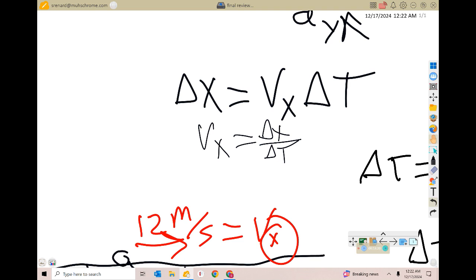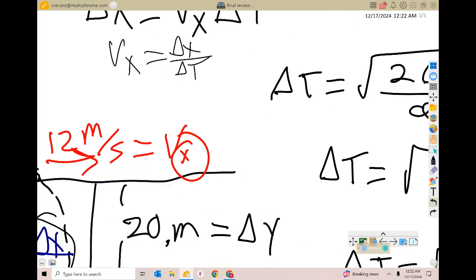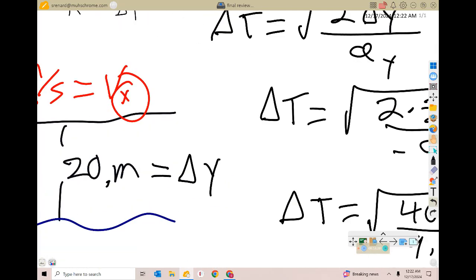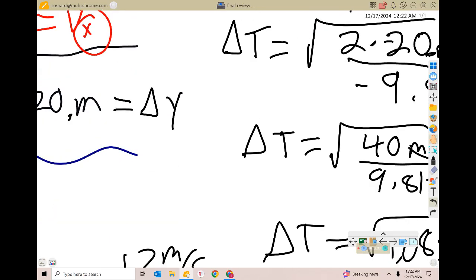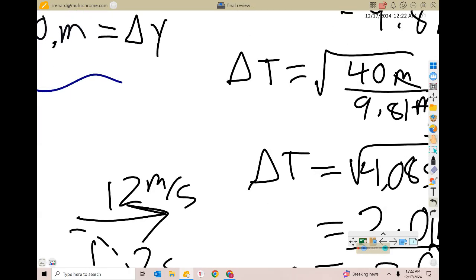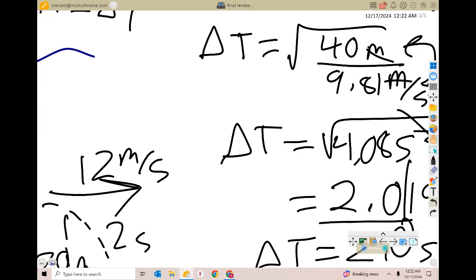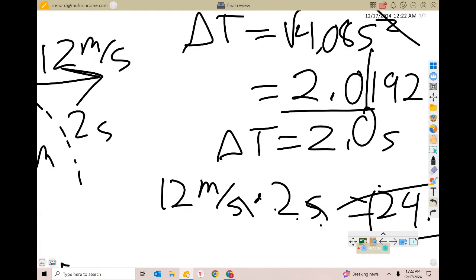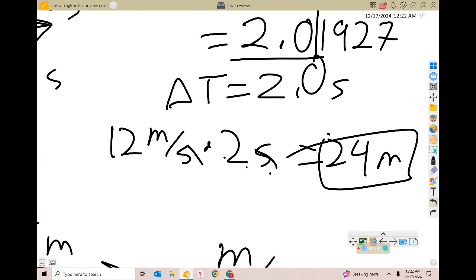We know how fast the rock was going horizontally when it left the bridge, 12 meters per second, right? Now, as it continued to go left to right at 12 meters per second, it was falling. After 2 seconds of falling, it hit the water and stopped moving left to right. So it hit the water. How far did it move left to right?